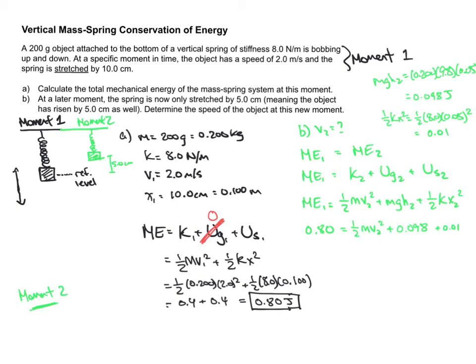Okay, sorry, I gotta go back, because those numbers seemed really small compared to 0.8. Now I'm realizing that going back to the calculation, I forgot a squared here for the kx squared. So gotta fix some of that.